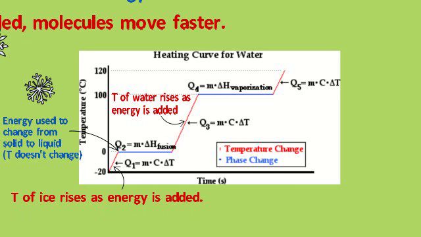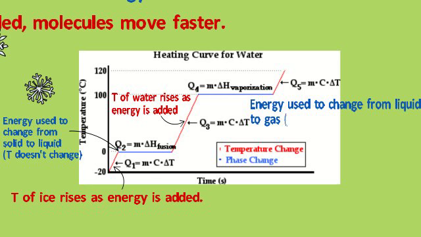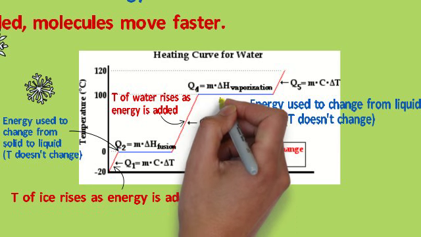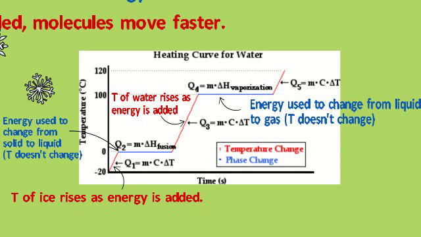Once all the water hits 100 degrees, now it has to change state again. It has to become a gas. The energy that you're putting in is being used to change that from a liquid to a gas state. So the temperature on the thermometer does not change, does not rise. And you can see that here on the blue horizontal bar.